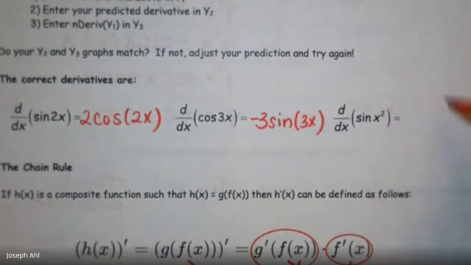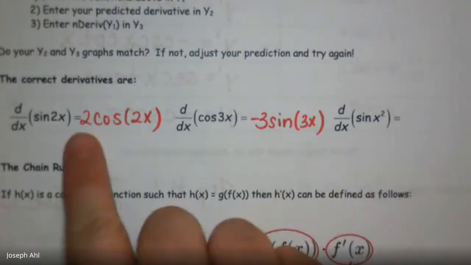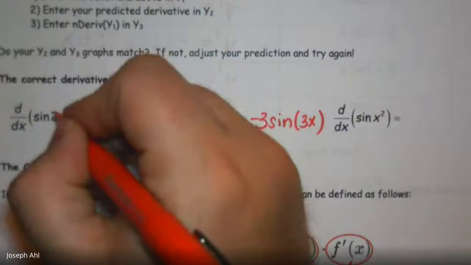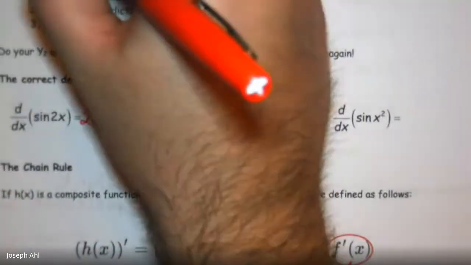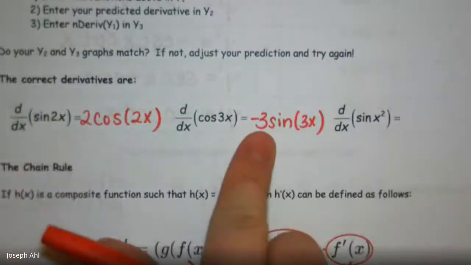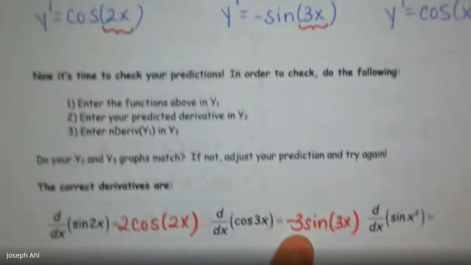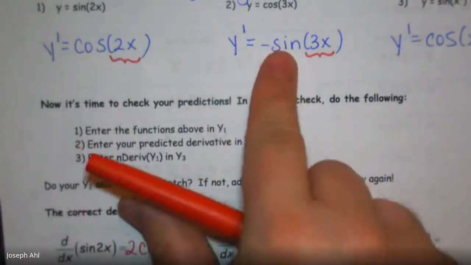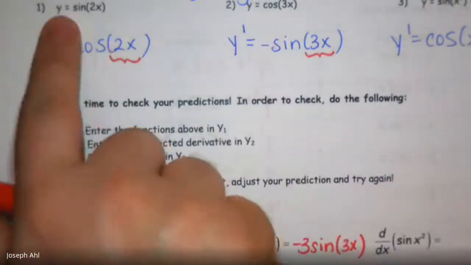Now, the graph for the last one is going to be a little tough for us to determine, but where is this extra 2 coming from, and this extra 3? Think about the fact that the derivative of 2x and the derivative of 3x are respectively 2 and 3. Originally, we took cosine of this quantity, and got sine of that quantity.